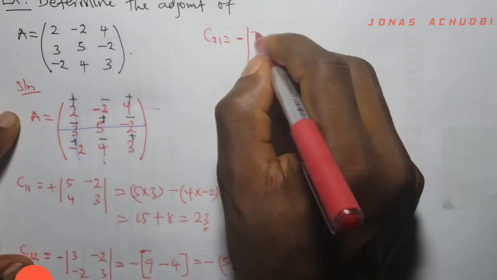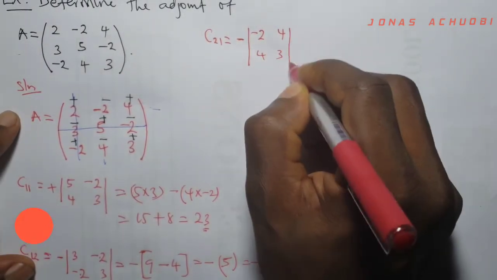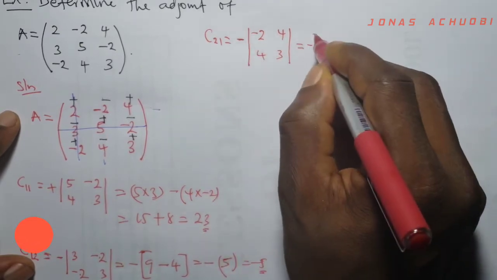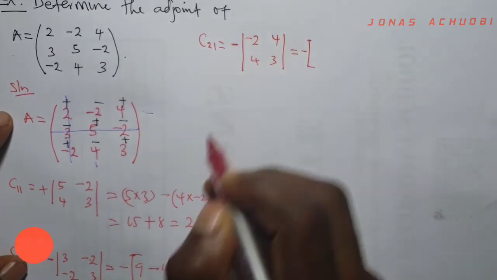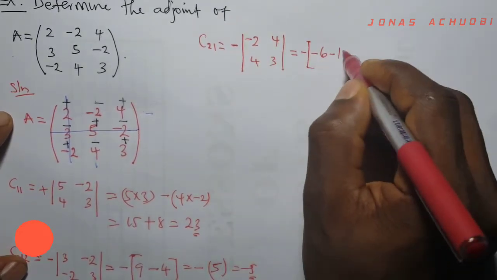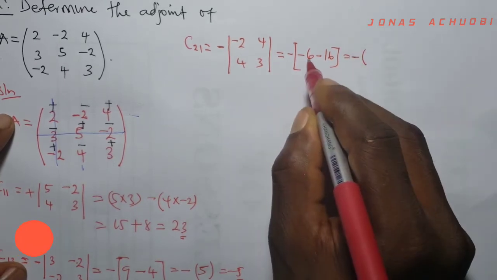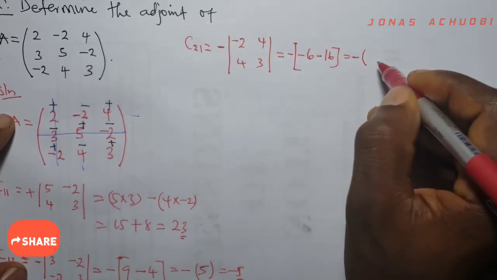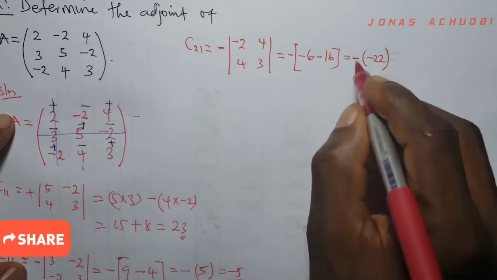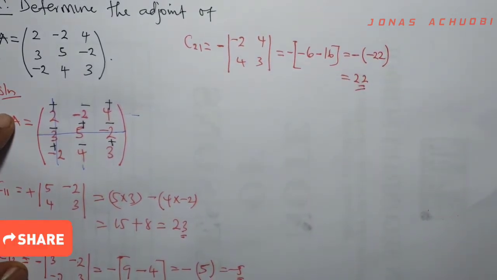So I have here -2, 4, 4, and 3. So the determinant is minus, I put the minus out there. -2 times 3 is -6, minus 4 times 4 is 16. So minus into -6 minus 16, which is -22. So minus times -22 is nothing but what? 22. So that's my next cofactor.